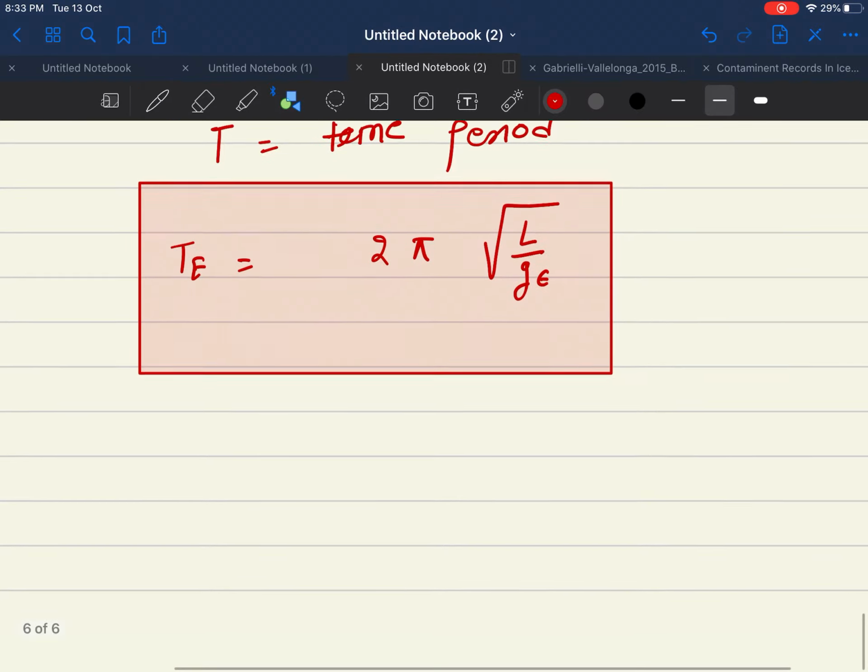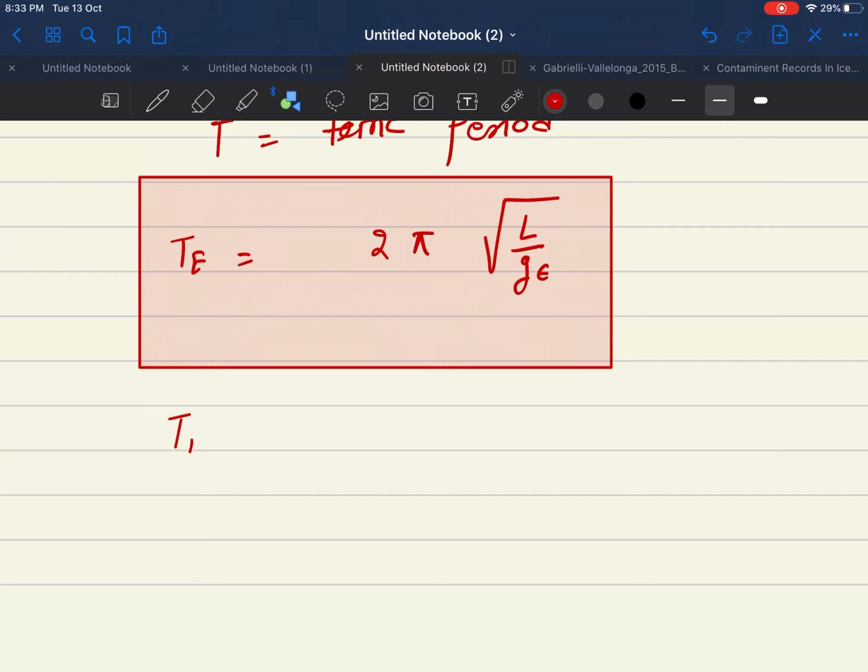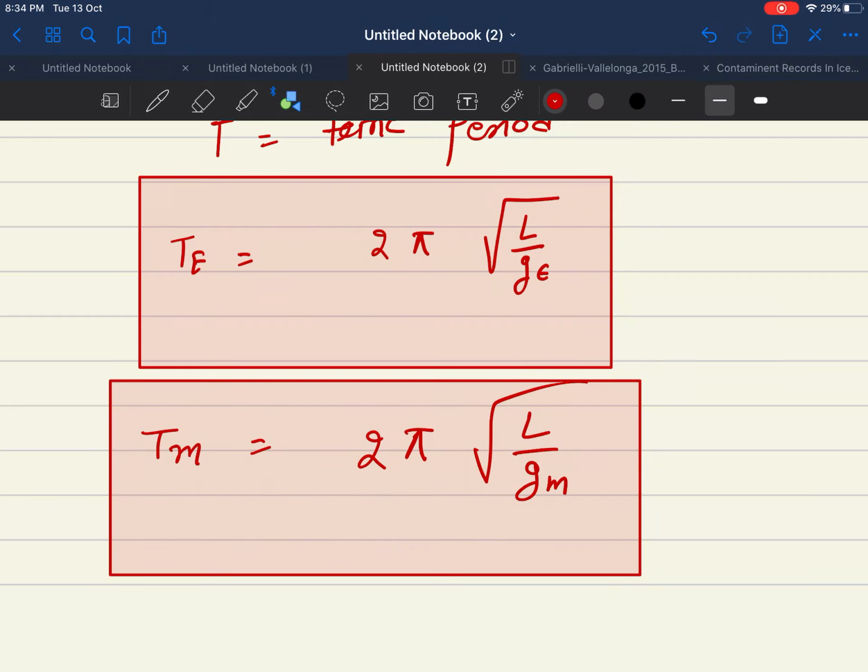Then for the moon, let's write TM with a small m, which is 2 pi under root L by gM. So this is equation number 2, this is equation number 3.